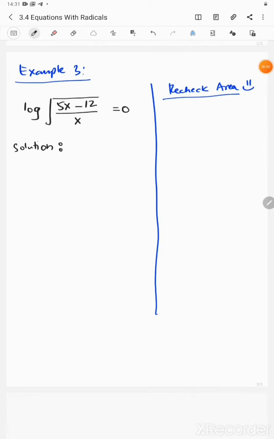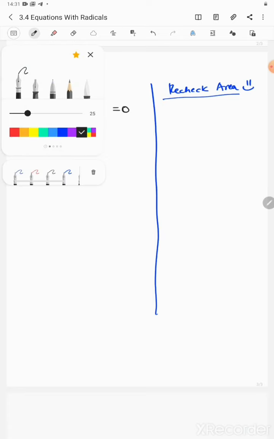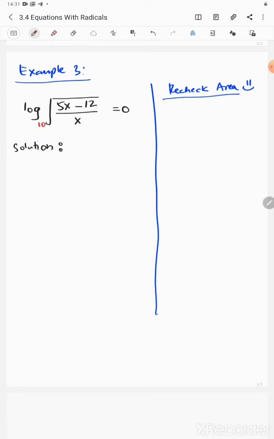Okay, this is example 3. We have log of square root of 5x minus 12 over x. Our base is 10. If you cannot see, by the way, our base is 10, equal to 0. To solve this, you have to change into exponential form.